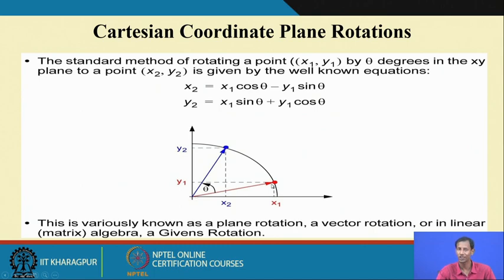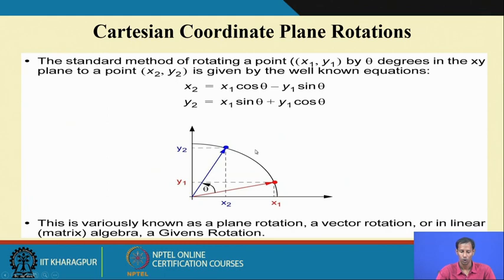Suppose this is the initial vector which is rotated by the angle theta. After the rotation, the new set of values is x2 equals x1 cos theta minus y1 sin theta, and y2 equals x1 sin theta plus y1 cos theta.